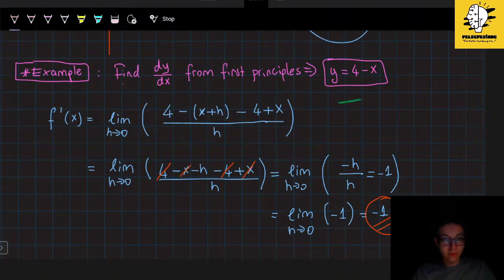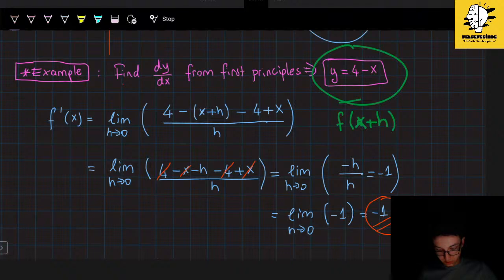Okay, let's solve. It says find dy/dx from first principles, and our equation is given here. Let's apply the first principles formula. So we have to put x plus h into the place of x.